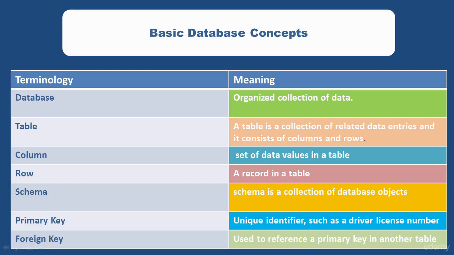Likewise, you can have the primary key in table 1 acting as a foreign key in table 2, or vice versa. So a foreign key is usually used to reference a primary key in another table, but primary keys are unique per table. You can't have two primary keys in one table.